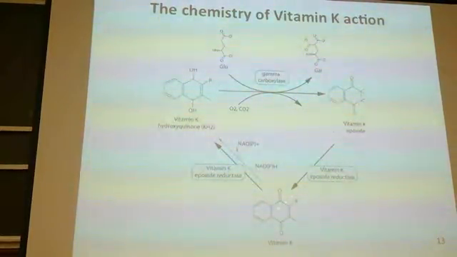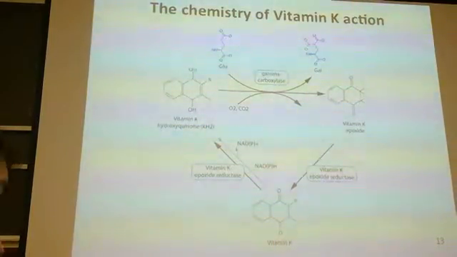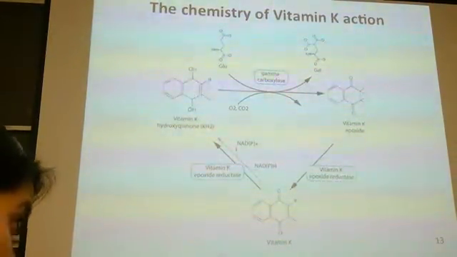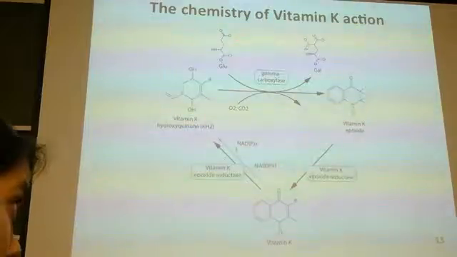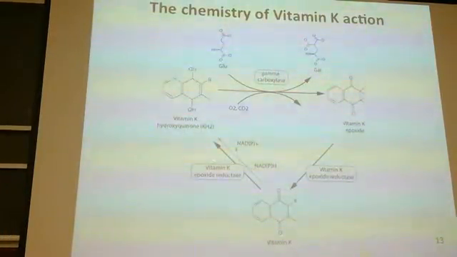It mediates one reductase step, yielding vitamin K, and then a second reductase step, yielding vitamin K hydroxyquinone. So this enzyme is really important for recycling vitamin K for subsequent use in this reaction. So this can be used again and again.